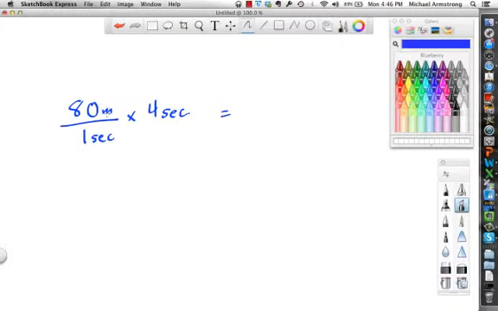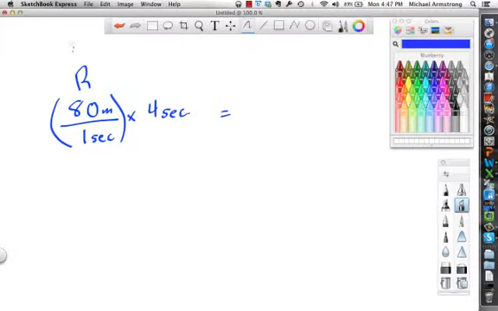This whole section is the rate times the time. This is rate.